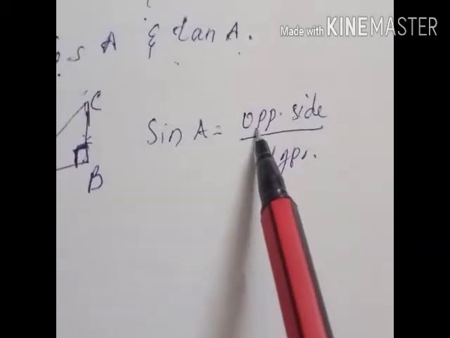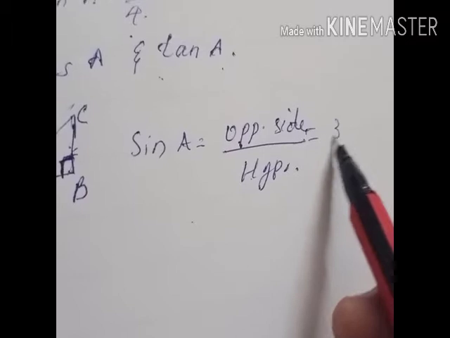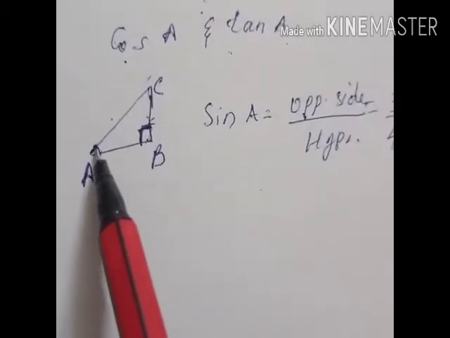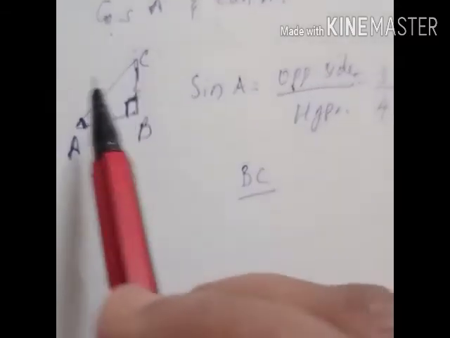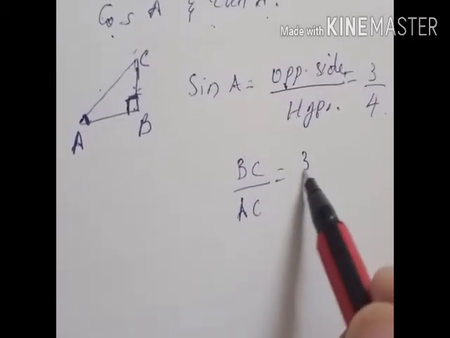In short, opposite side by hypotenuse. This is given as 3 by 4. Then from the figure we get side opposite to angle A is BC and hypotenuse is AC. So this is equal to 3 by 4.